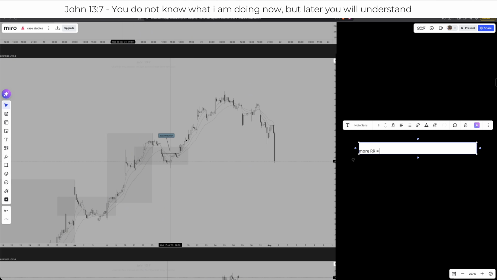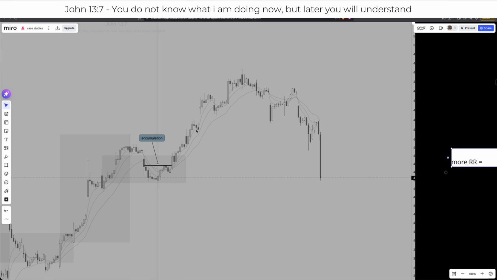So pause, candle low, pause, candle low, pause, pause, candle low, low. Maybe this gets me tapped out if I'm like right here, or maybe not. Actually, this looks pretty even. Maybe I don't get tapped out. Here's the pause right here, under here, boom, under here. So it looks like the pause candle low gets me the most RR.